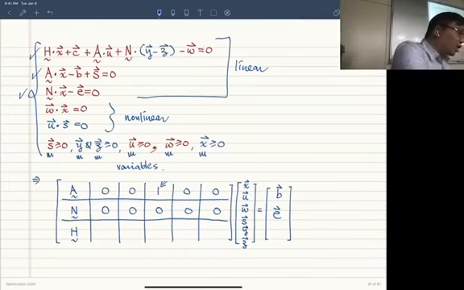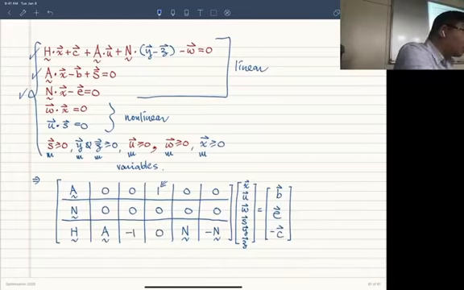So C is like a constant. I move it to the right hand side. So I have a negative C over there. And about the U, in front of U, I have an A matrix. And in front of Y, I have an N matrix. In front of Z, I should have negative N. In front of W, I have negative 1.